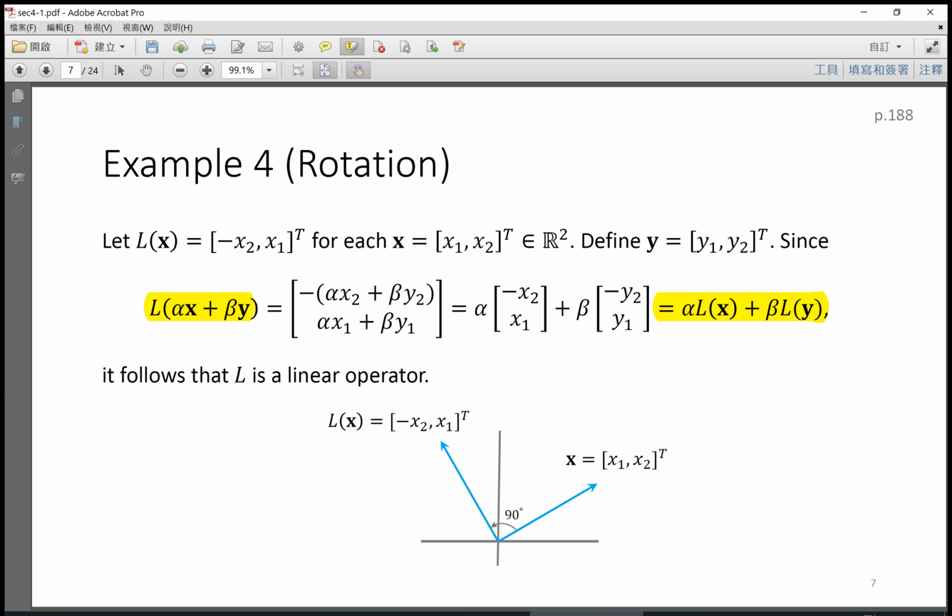And therefore, L satisfies both the homogeneity and the additivity properties. And we have proved L is a linear transformation. Moreover, L is a linear operator since it maps R2 into R2.